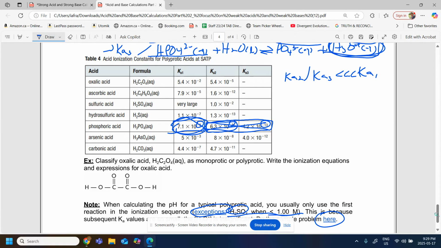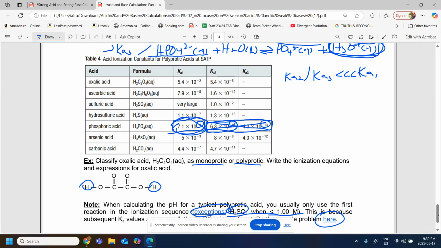Oxalic acid, H2C2O4: is it monoprotic or polyprotic? And then write out the ionization equations and expressions for oxalic acid. Pause the video, try it out. You'll see here that we have essentially a dicarboxylic acid. You have an H here to donate and an H there to donate as well.